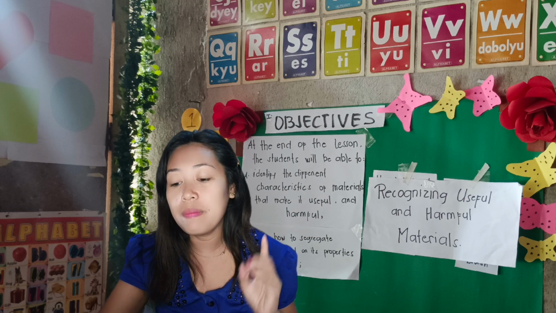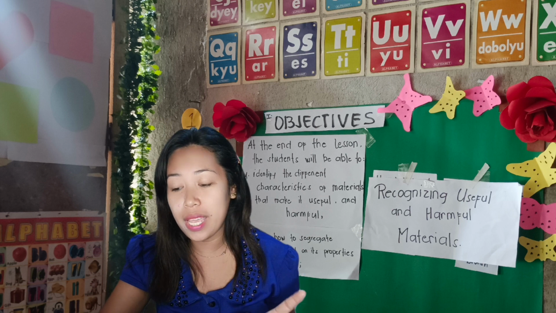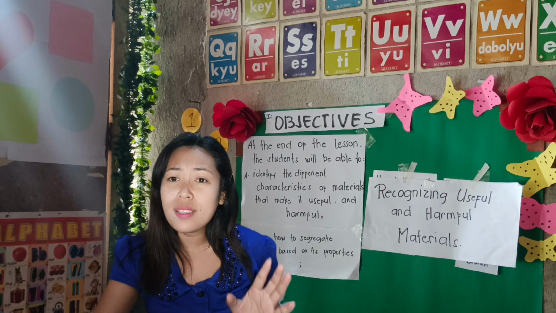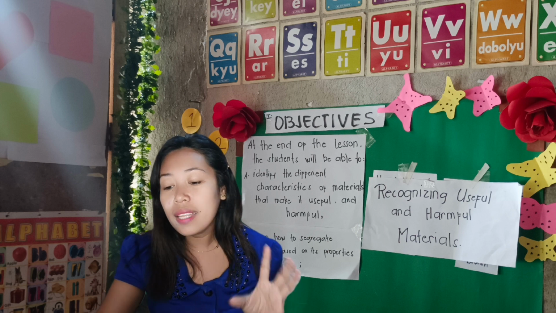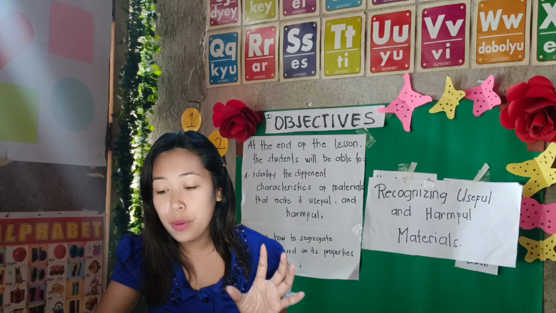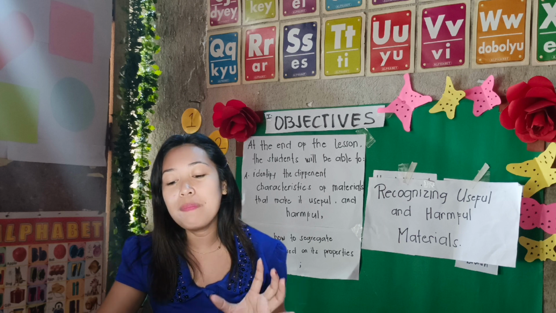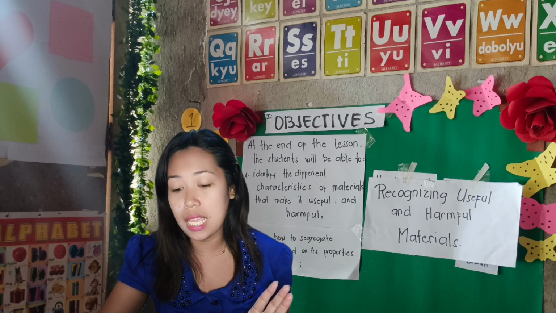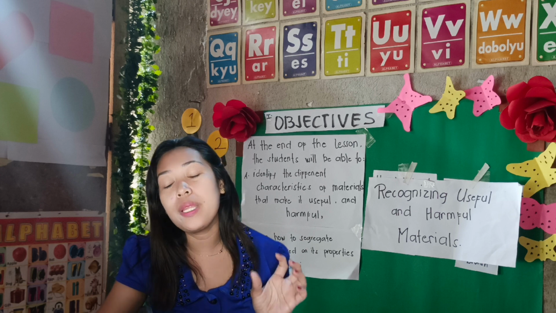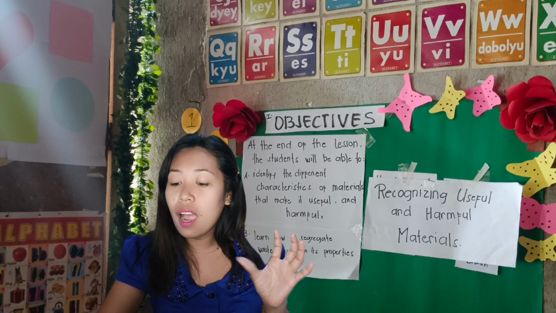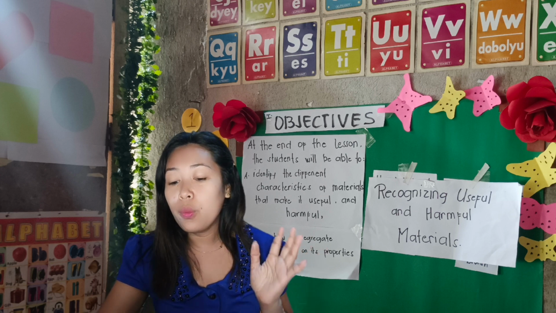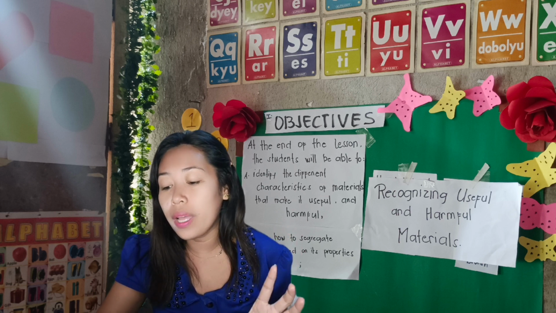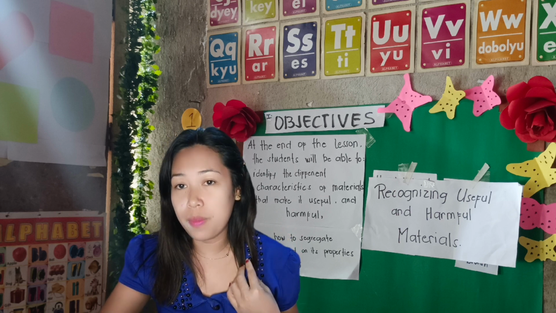Creative and inventive people still find other ways to use them. There are also materials that are made for certain purposes, so they can be harmful when not used or disposed of properly. In order to minimize waste in our own household, we have to know which materials are still useful and which should already be disposed.